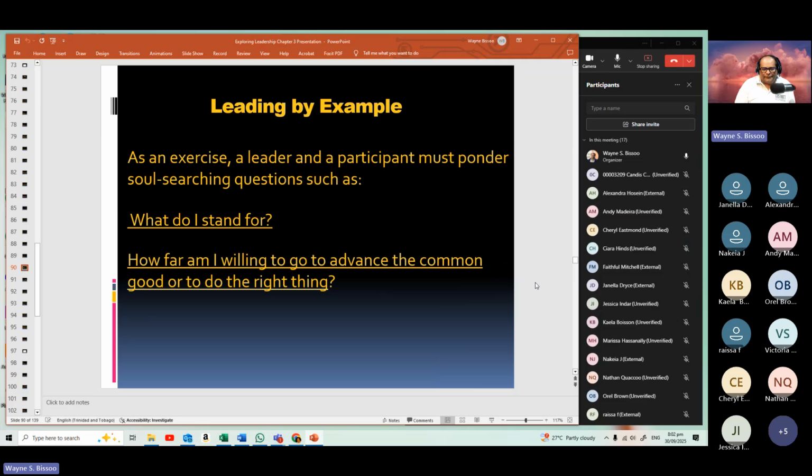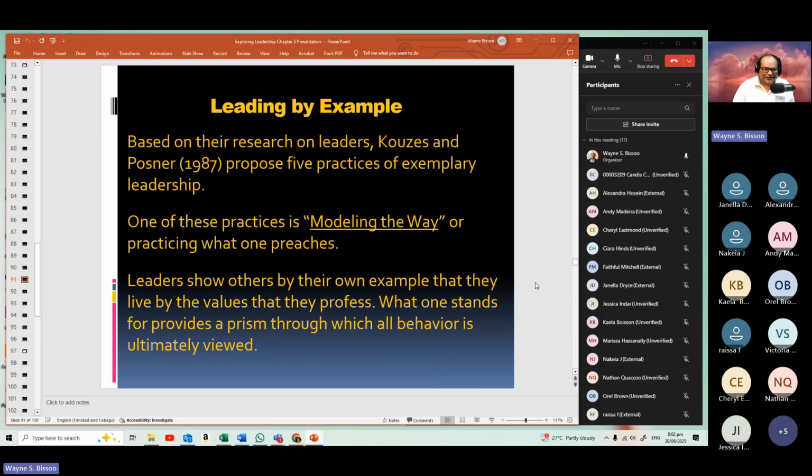How far am I willing to go to advance the common good or to do the right thing, as opposed to just following the leader or following along with everybody else? Would I stand apart? All right. These are some soul-searching questions that the exercise talks about.